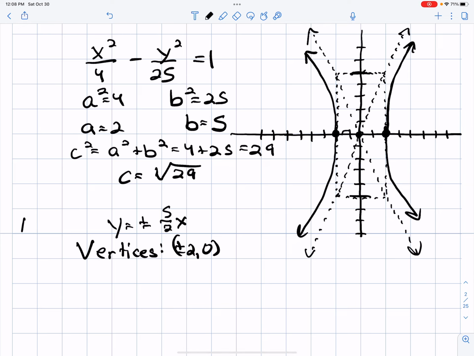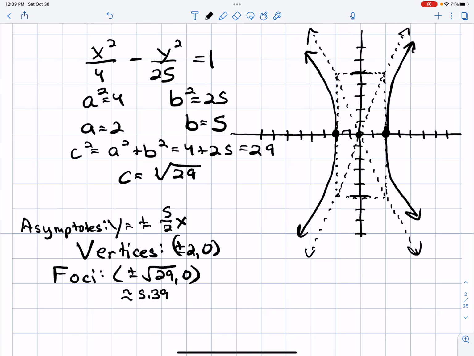Yeah, so the asymptotes were here. Vertices, the foci are at plus or minus square root of 29, 0, which the square root of 29 is around 5.39. So that's where I was thinking when I was trying to figure out how far to make my grid.